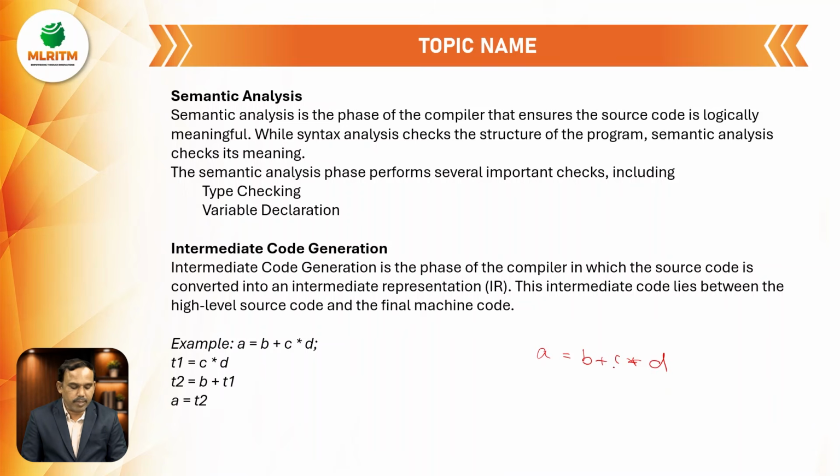Here c multiplication d is treated as one temporary variable, t1 equal to c multiplication d, and one more temporary variable t2 equal to b plus t1, and a equal to the result stored in t2. So this is an intermediate code generator.